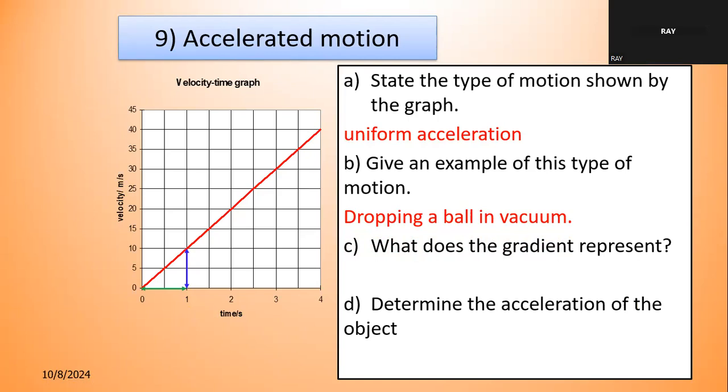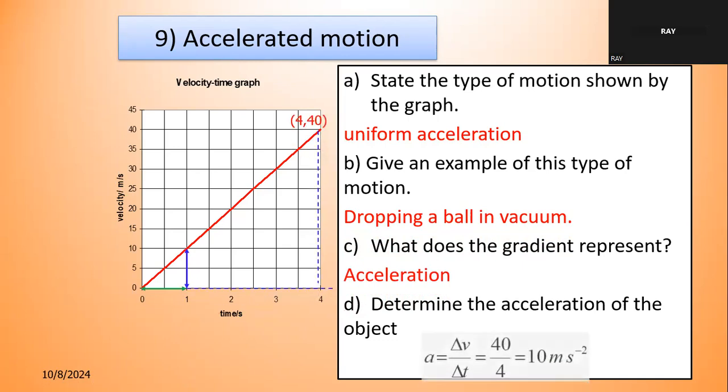Acceleration. That's how you find your acceleration. What is the acceleration? 10 meters per second squared. Draw a big triangle and write the coordinates.